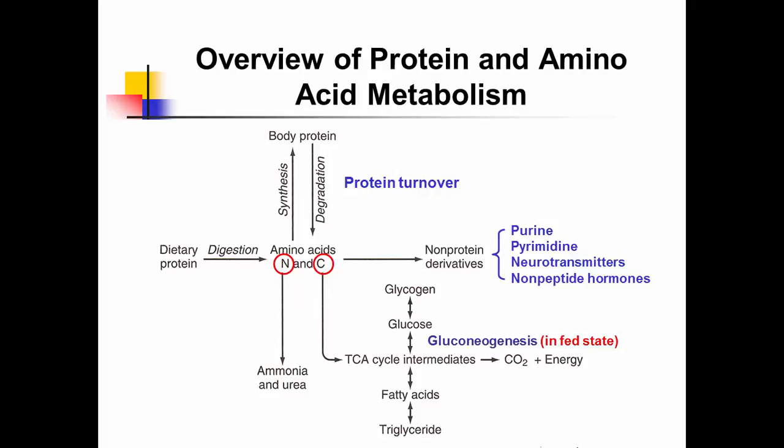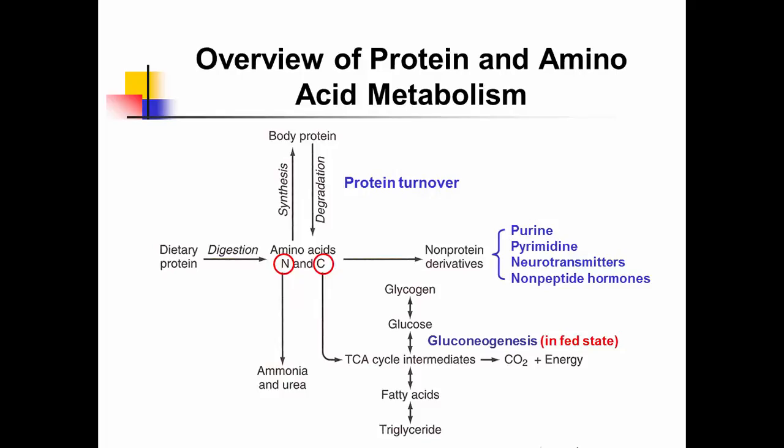Fatty acids can be mobilized for energy, but in addition to glycogen and triglyceride, our body also utilizes some of the proteins as amino acids for energy. So amino acids can be oxidized to generate pyruvate and acetyl-CoA and enter the TCA cycle, and complete oxidation will produce energy, right? You guys are familiar with this pathway.